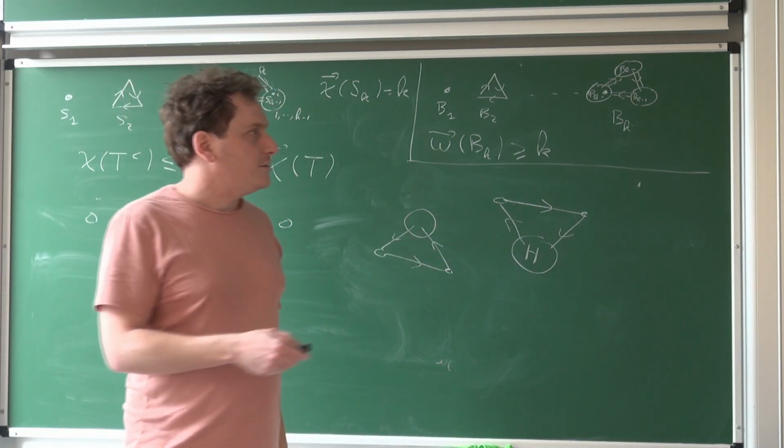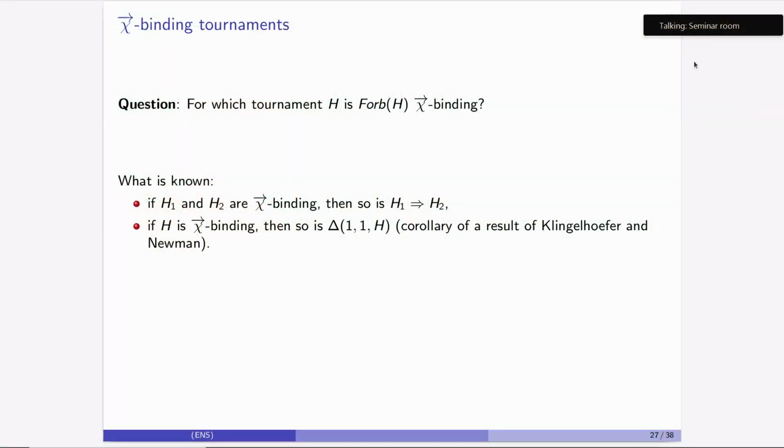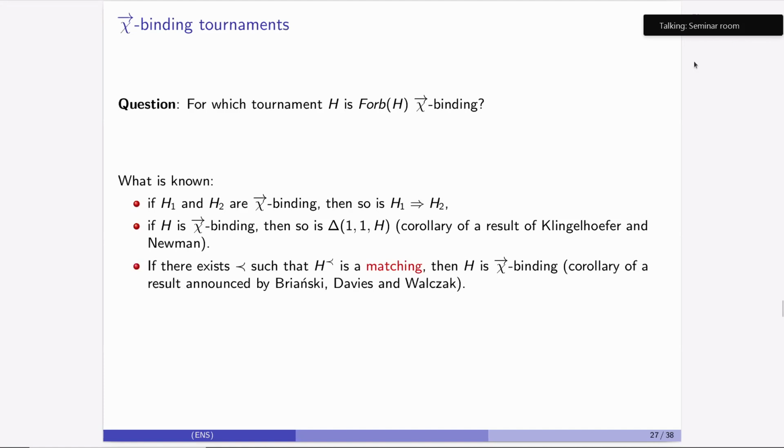So we tried to prove that, and at the same time, they proved this, which is stronger than what we needed. So this is a way to build a tournament. A corollary of a result by Bucić, Davies, and Bartosz is that if the tournament has a matching as a back-edge graph, then it is chi-bounded. I will come back to that later.